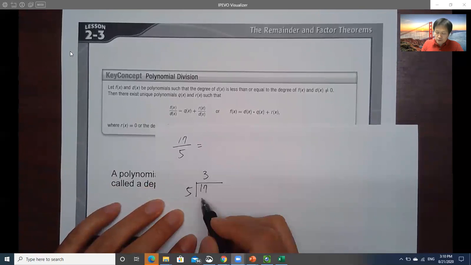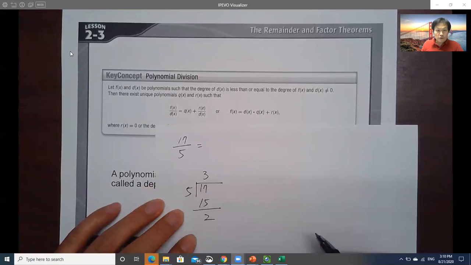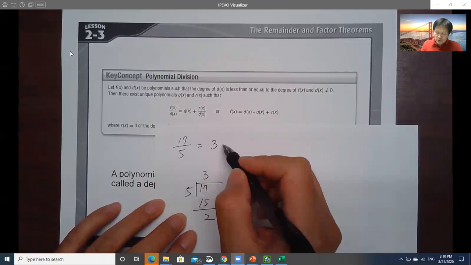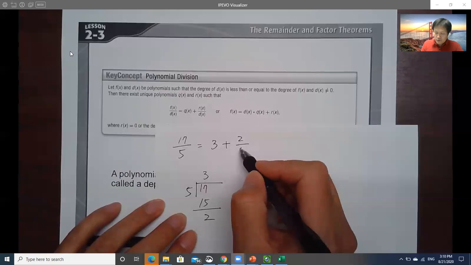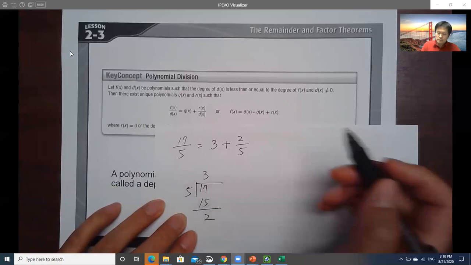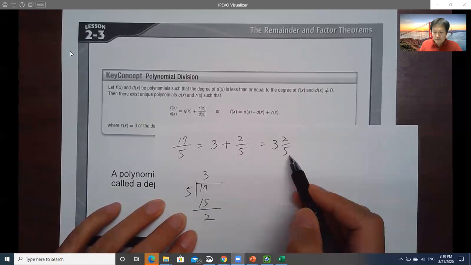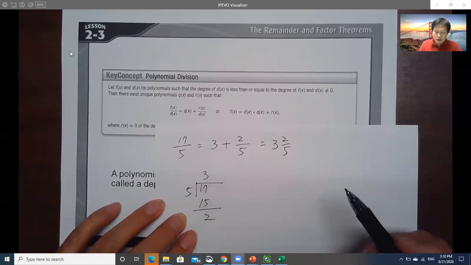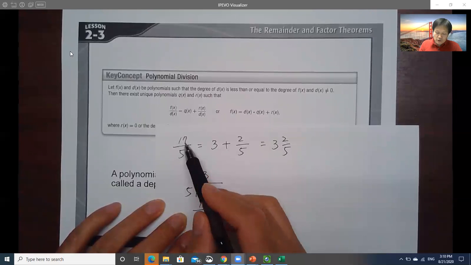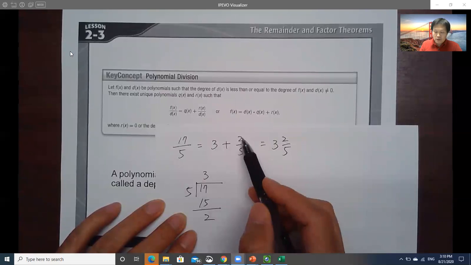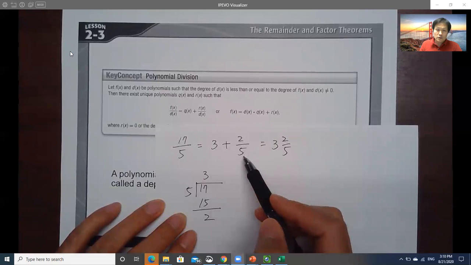You got 3 as a quotient, you got 2 as a remainder. How do you write that? We say quotient plus remainder over divisor. And as a mixed number, you say 3 2/5. 3 2/5 is the same as 3 plus 2/5. So 17 divided by 5, quotient plus remainder over divisor.